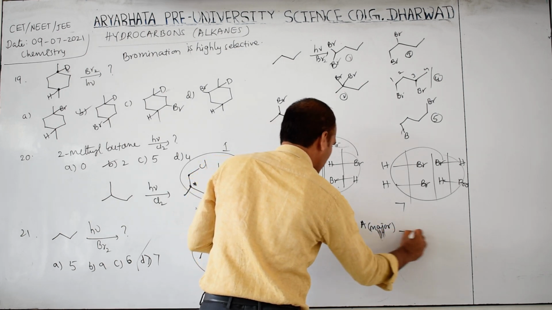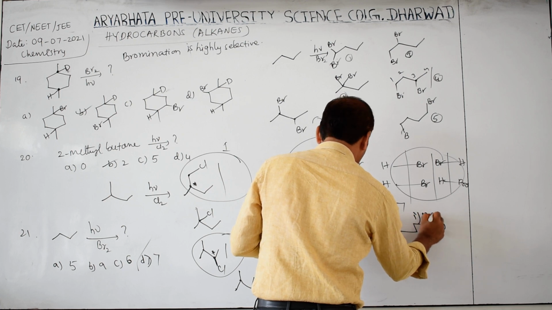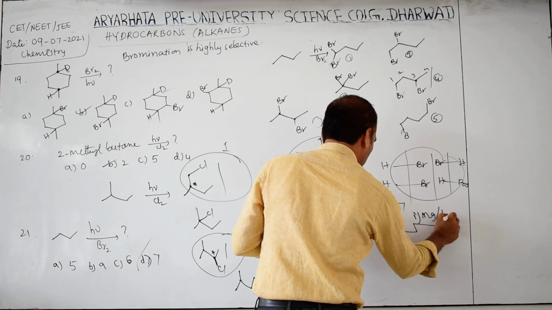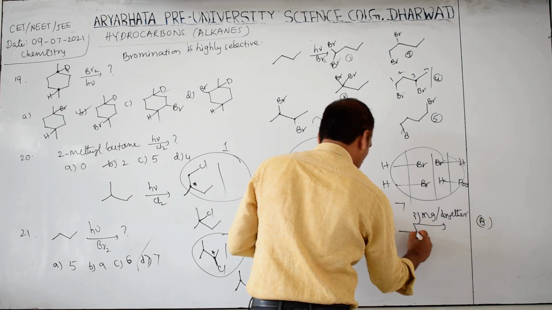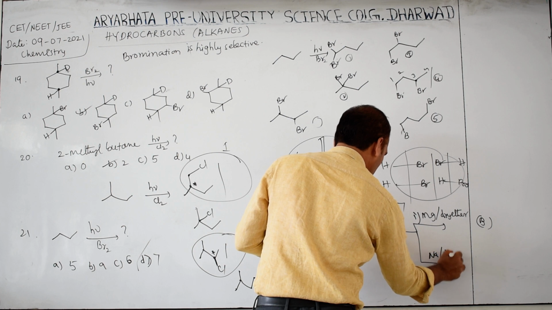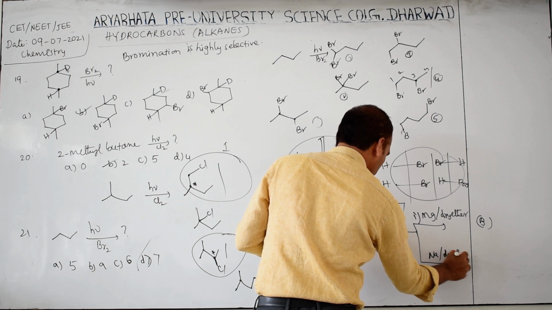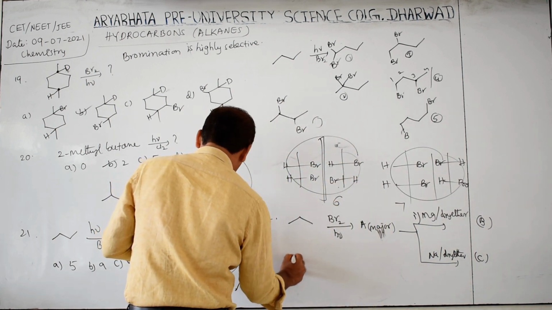Major. This will react with magnesium in dry ether. Then this will give the B. This is sodium in dry ether. This will give C.